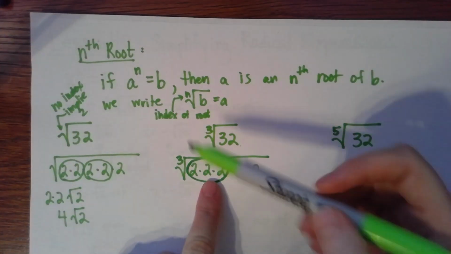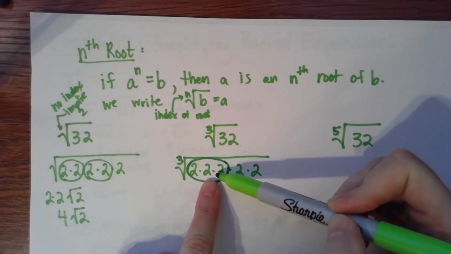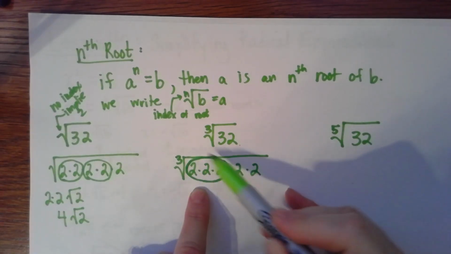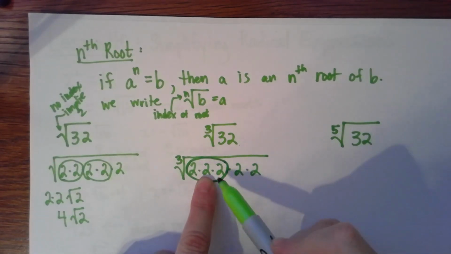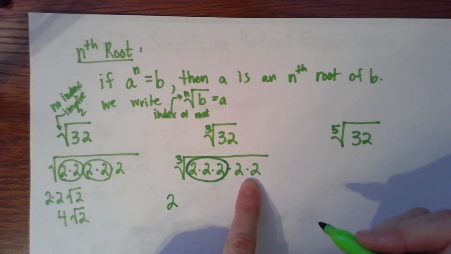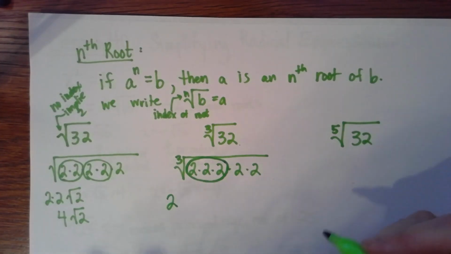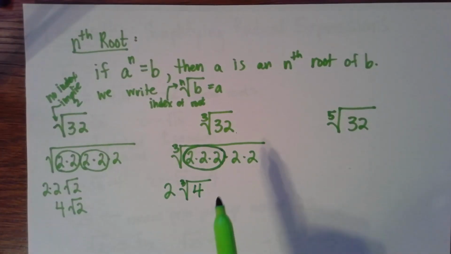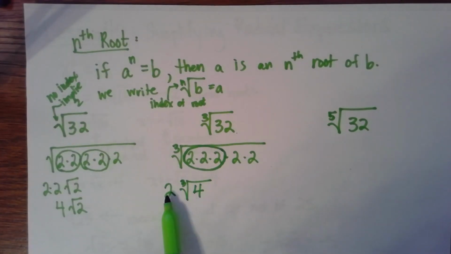Now the cube root of 8 is 2 because 2 times 2 times 2 is 8. So that group of 3, I know what the cube root of that is, and I can take it out of the radical. Now there's only 2 of these. I don't know the cube root of 4, so I have to leave that 4 under the radical. So this would simplify to 2 cube root of 4.